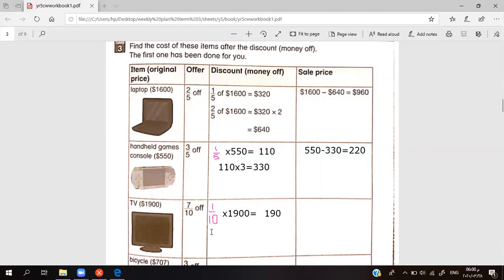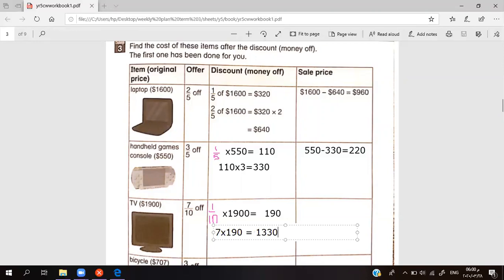Now the 7/10 will be 7 times 190, which is going to give me 1,330.